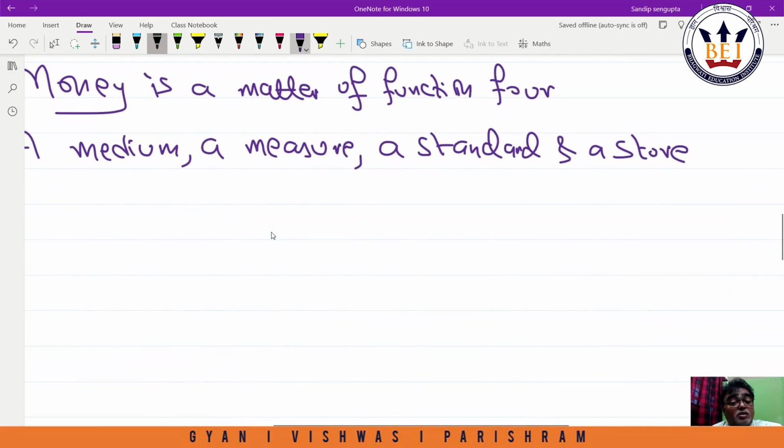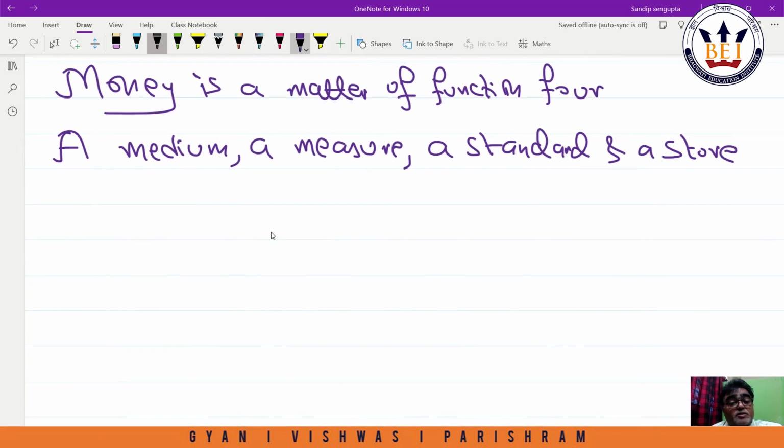Repeat: money is a matter of function four, a medium, a measure, a standard, a store.